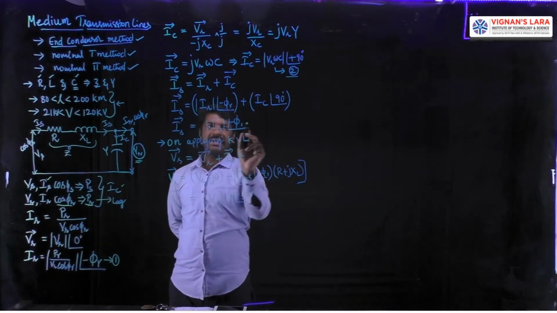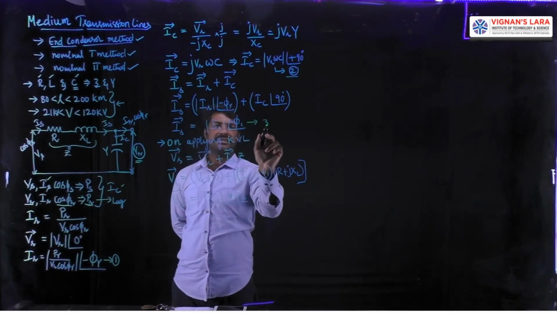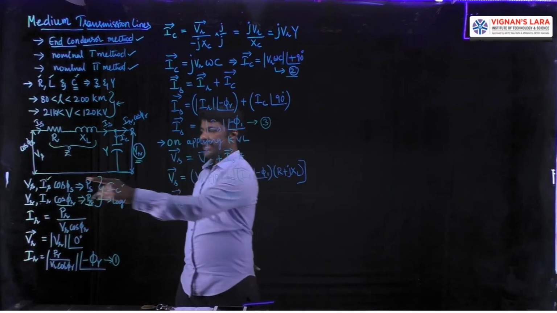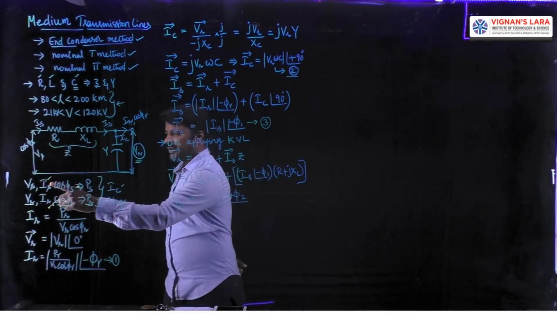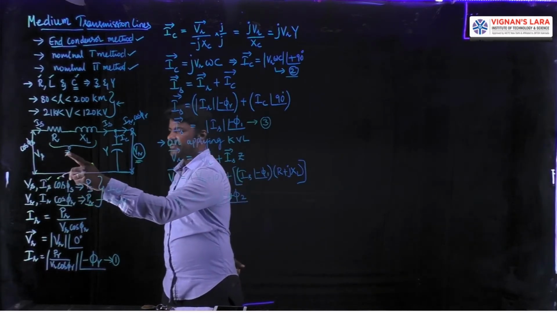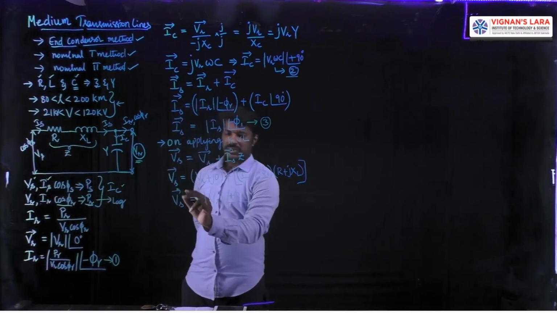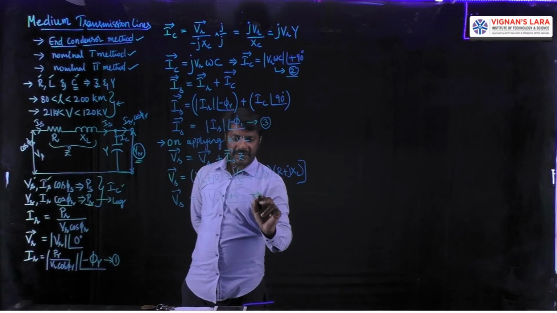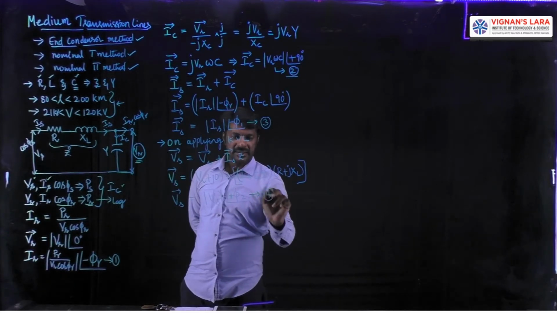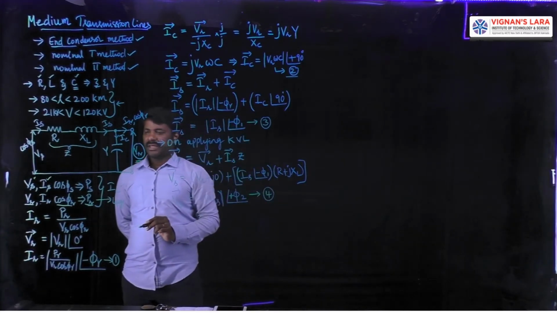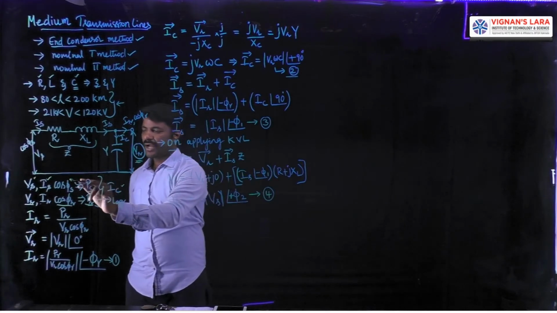So here the current IS is obtained in equation 3. So IS is a known quantity. With the help of this IS and impedance value, we estimated Vs in our fourth step. So now what we obtained is Vs in our fourth step. The last leftover is cos phi s.